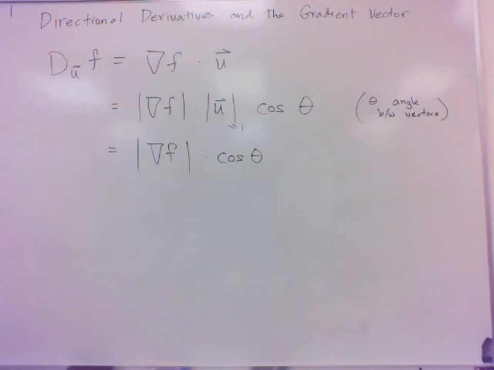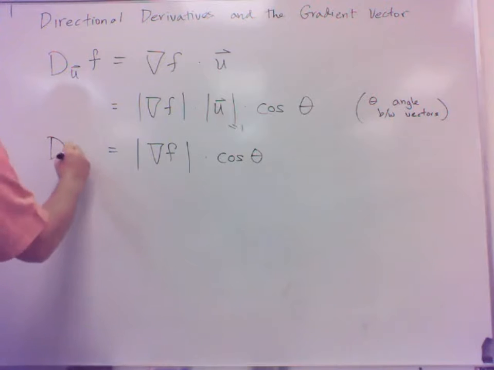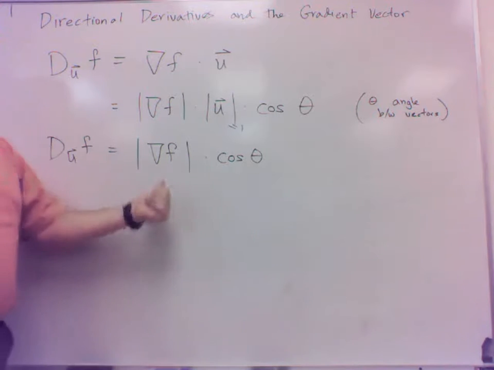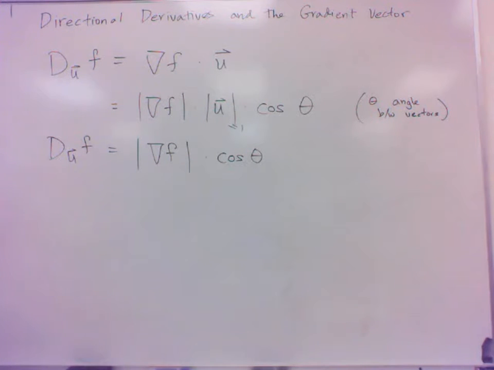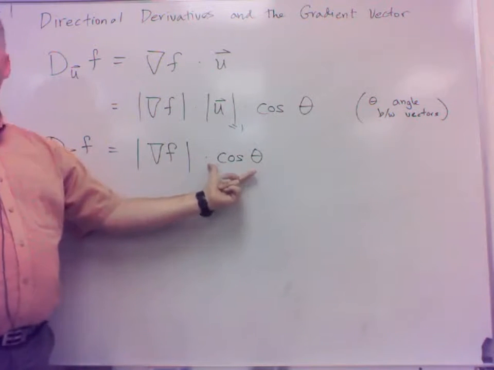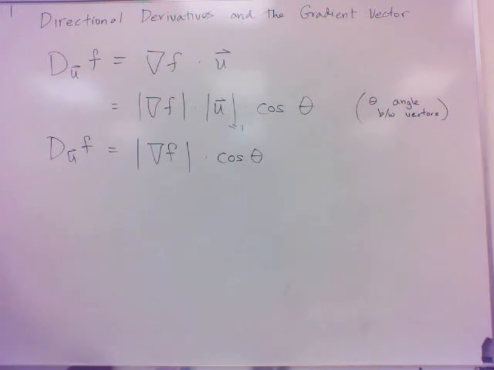Now, one thing we can get from looking at it this way is a maximum value. When would we have a maximum value for this directional derivative? Well, the maximum is going to occur when the cosine is at its maximum, and the maximum of cosine is 1, right?